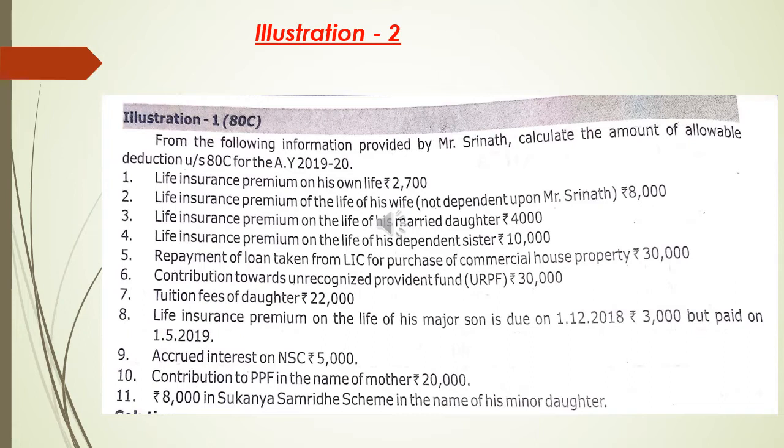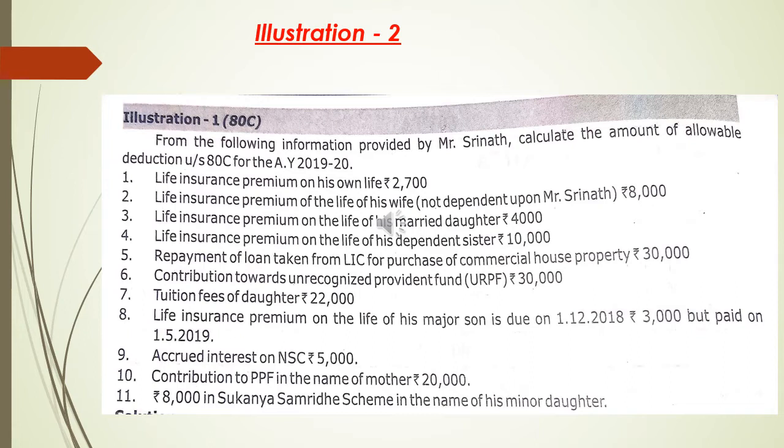Repayment of loan from LIC for purchase of commercial house property, contribution towards URPF, tuition fees of daughter, life insurance premium on the life of his major son which is due on 1/12/2018 for 3,000 but paid on 1/5/19. So how this tax treatment works we will understand.